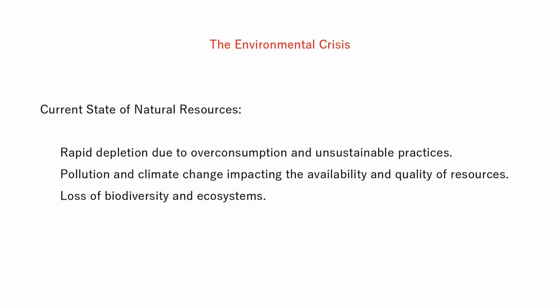Loss of biodiversity and ecosystem. What are the consequences of losing biodiversity? Extinction of species disrupting food chains. Loss of medicinal plants reducing potential healthcare solutions. This way, loss of biodiversity can affect ecosystem.